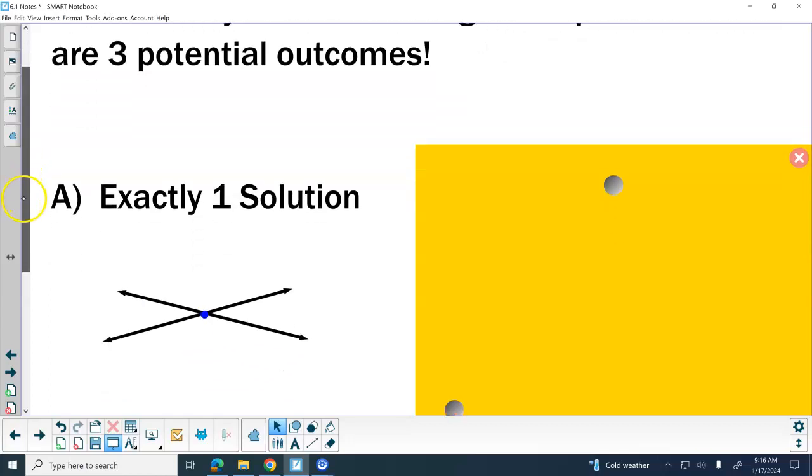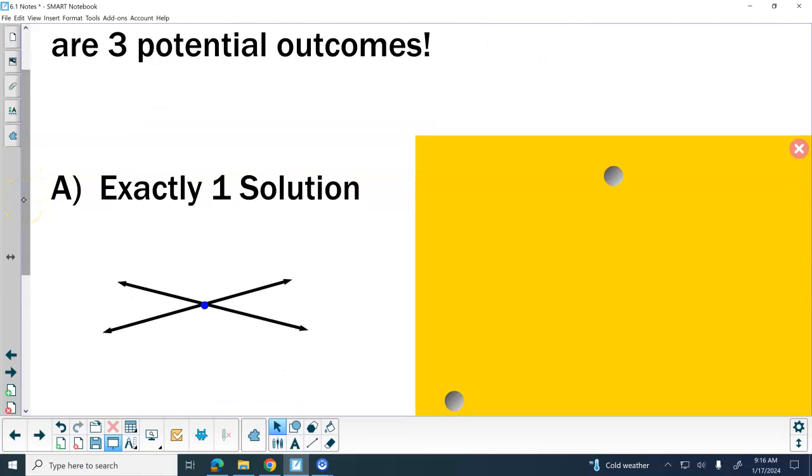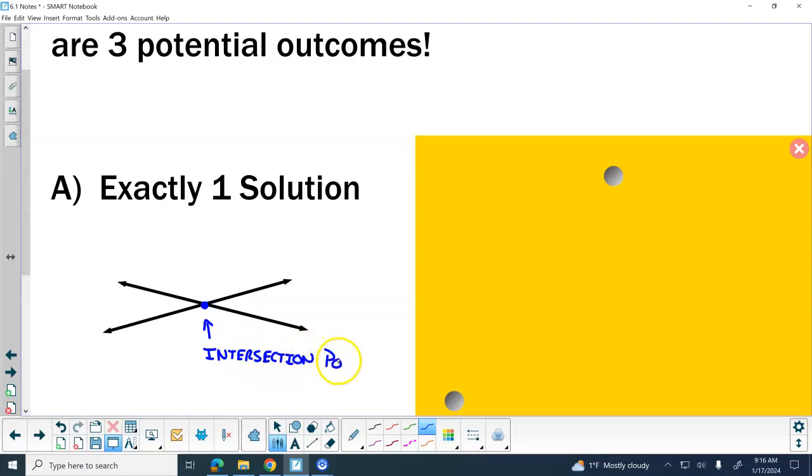So if we are going to get exactly one solution, we are looking for this intersection point as the answer, and any 2 lines that have different slopes will intersect at some point in space.